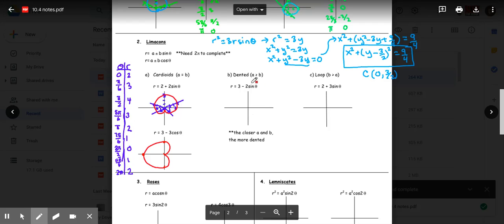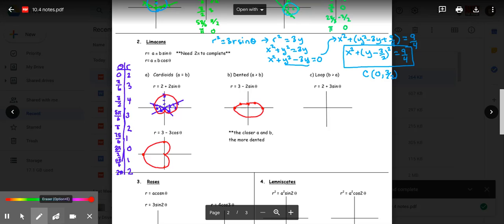The dented one here, like I said, you could sit here and list it all out, but it actually goes up to 1 here, okay? It's out to 2 on the sides, out to 3 along pi and 0, and it looks something like this. So it's slightly dented.